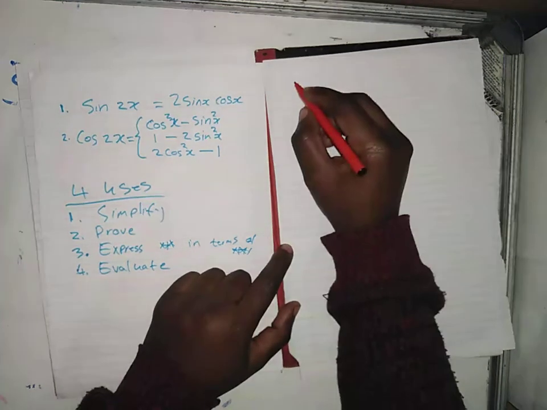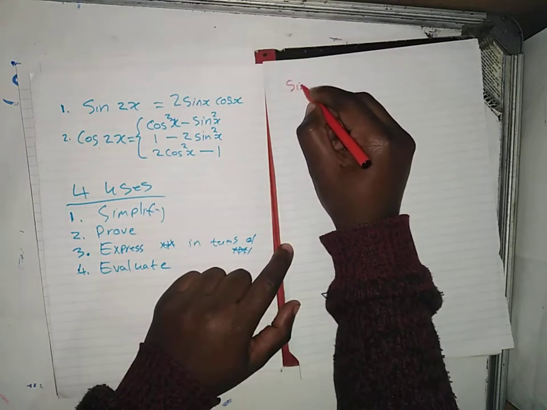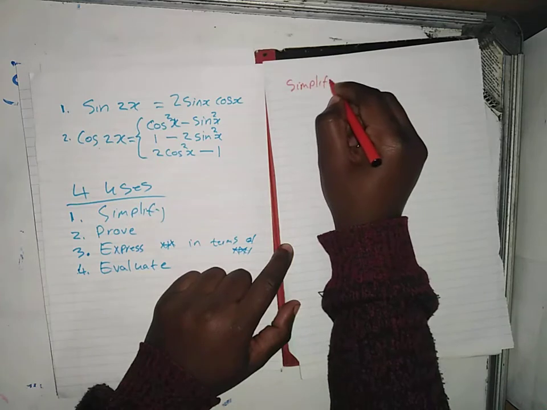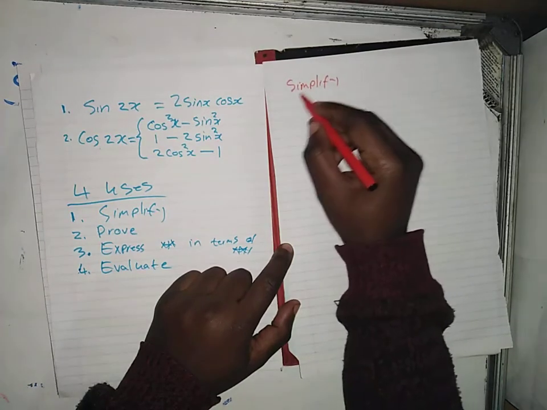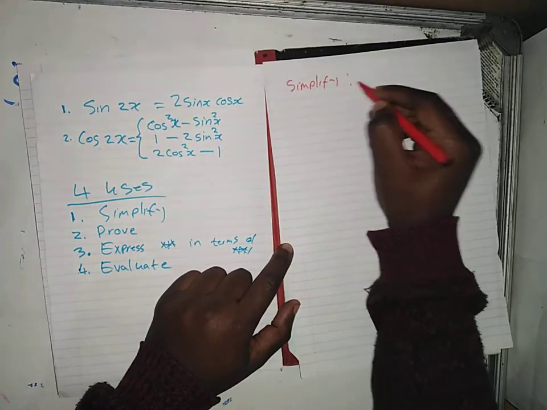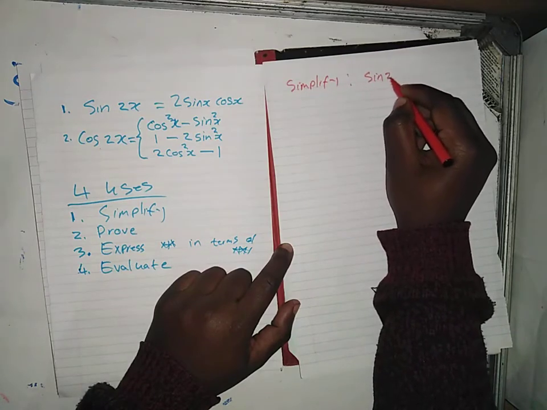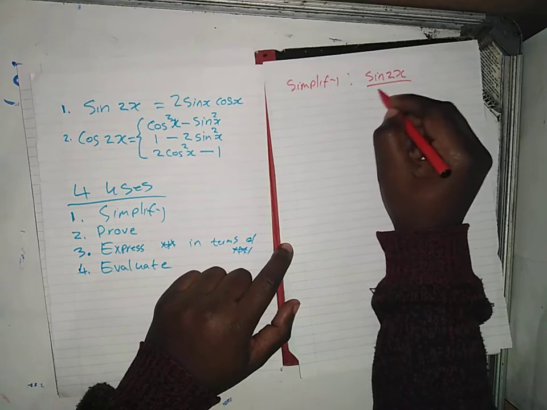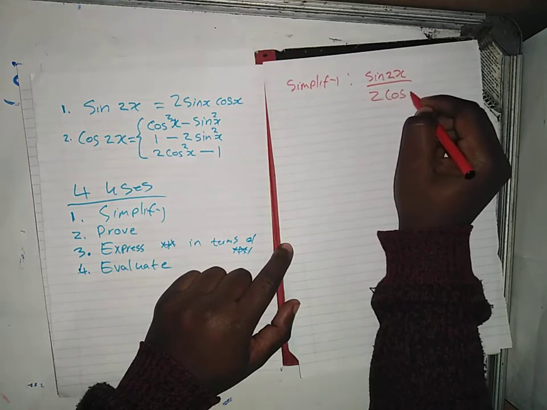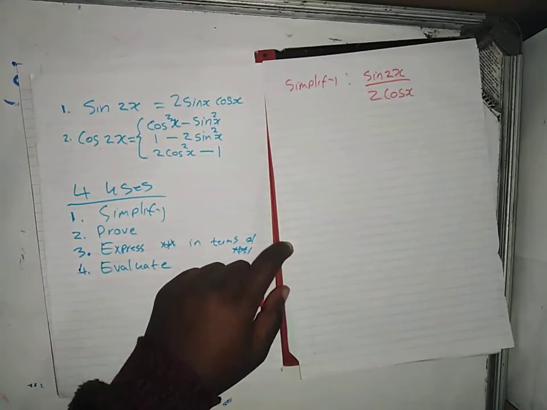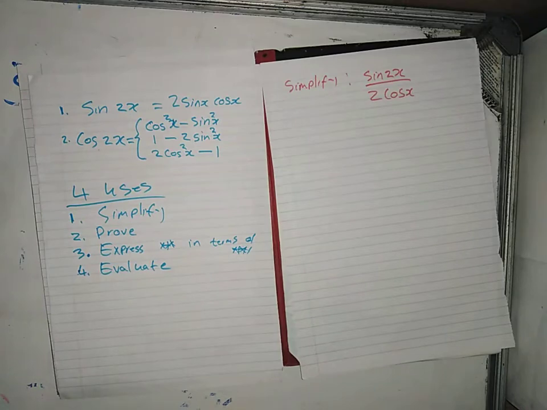Start with the first one. Let's say you get a question saying simplify, and then they give you sine 2x over 2 cos x. So how do you go about and simplify this?